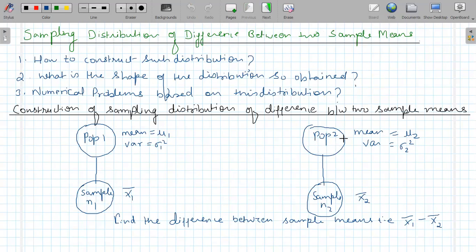You can draw another sample from this population and then take the difference. You keep on drawing the samples and finding the differences between the two sample means. So in this way, we will have a collection of differences between two sample means. Okay.